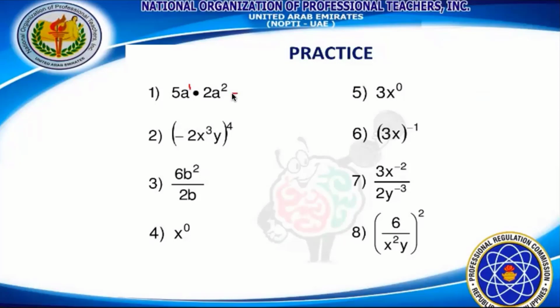Kaya, this is multiplication. 5 times 2 is 10. So, what will you do sa exponent nila? I-add. 1 plus 2 is 3. So, 10 a raised to the third power. Okay? Next.